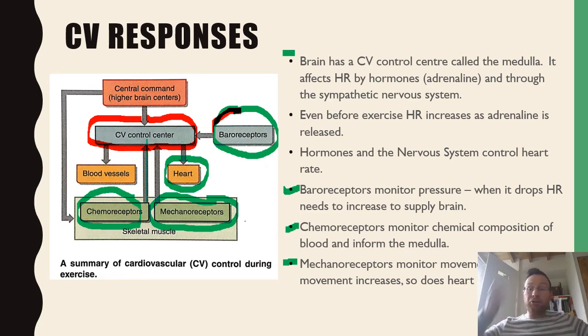Mechanoreceptors are going to monitor my movement and also tell my control center to increase heart rate, whilst chemoreceptors also are going to be monitoring the chemical composition of my blood, and when it becomes particularly acidic, for example, it causes heart rate to increase further.